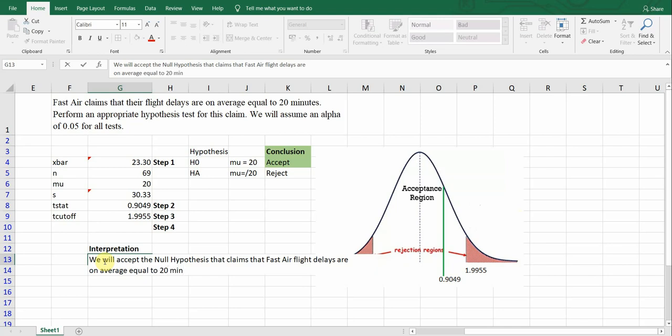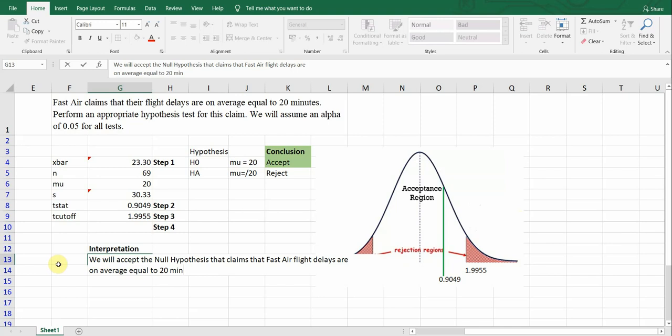This is the interpretation with respect to the steps of hypothesis testing that we have performed.